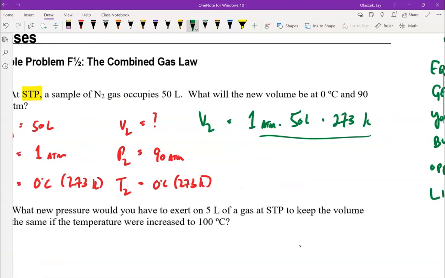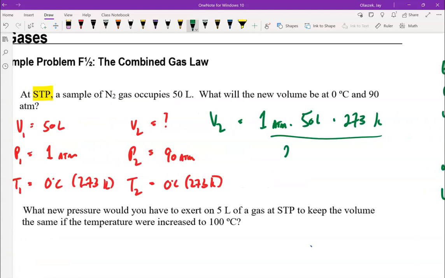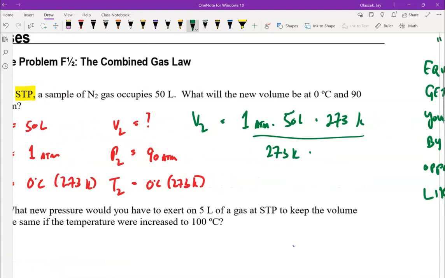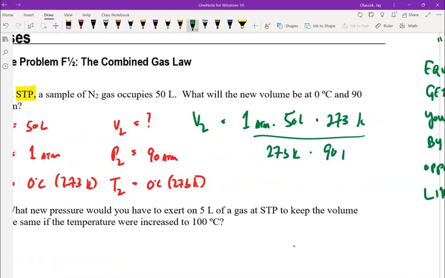This is over T1 P2. T1, 273 kelvins. P2 is 90 atmospheres. Make sure we did this correctly. Atmospheres cancel, kelvins cancel. The only unit that's left is liters, and that's of course what we want because we want our answer to be in volume.